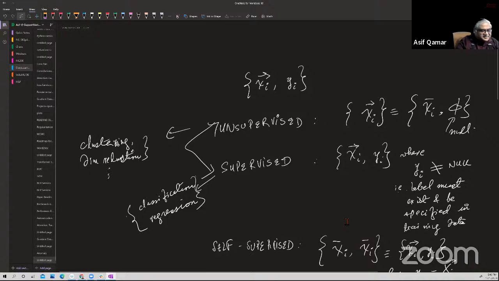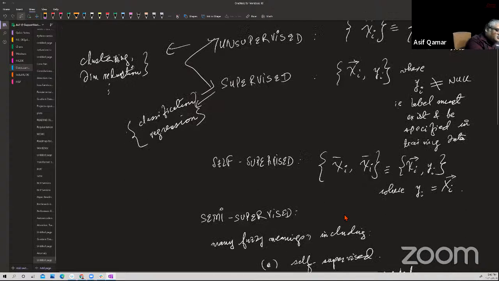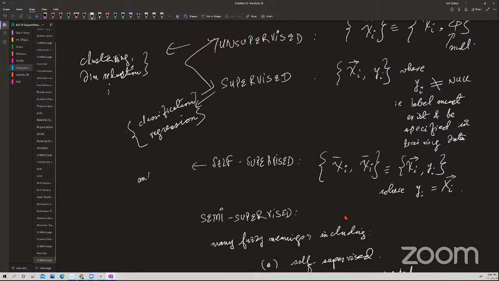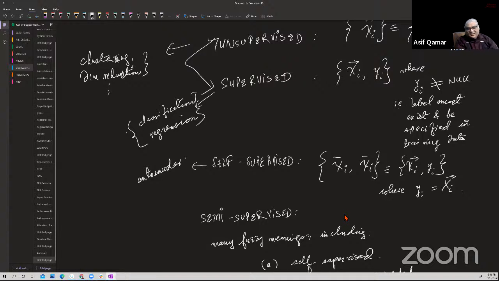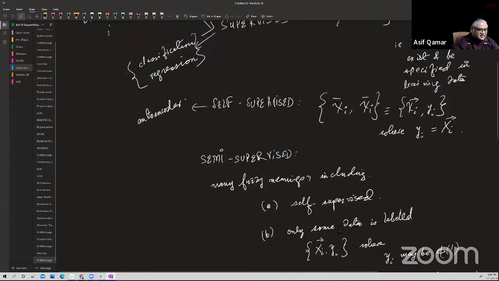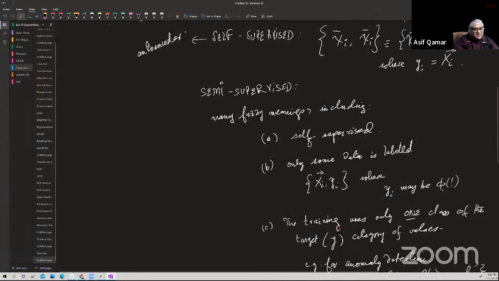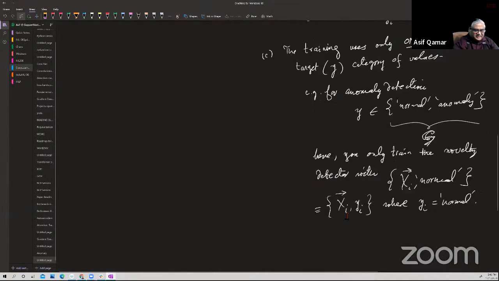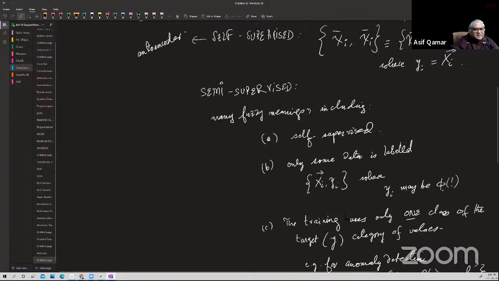What is an example of self-supervised learning? You just encountered that. It is? Autoencoder. Yes, variational autoencoder. Variational autoencoders is one classic one, and autoencoders in general. Then, what is semi-supervised learning? Many examples. So, for example, novelty detector is one, like I just took the example. But now there are other meanings also.